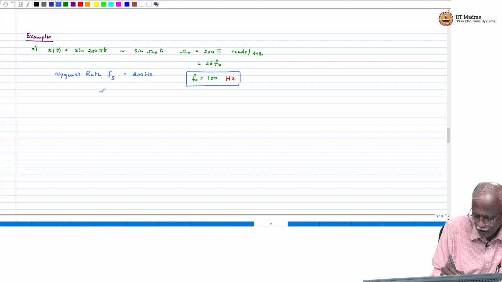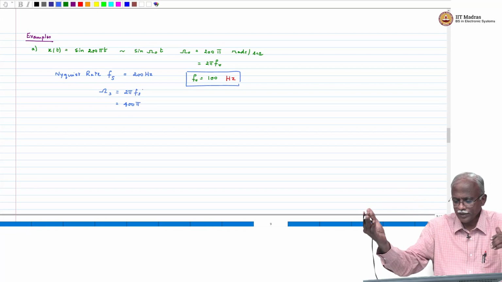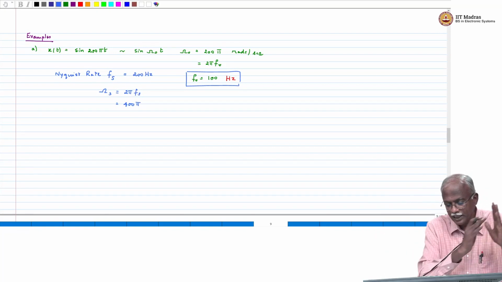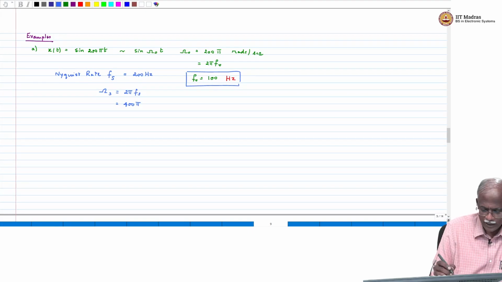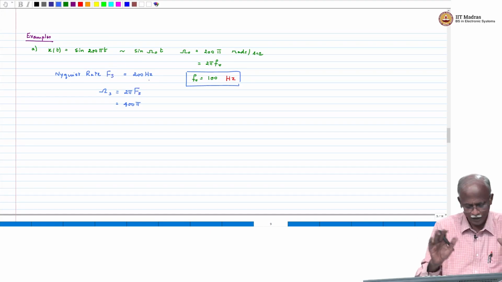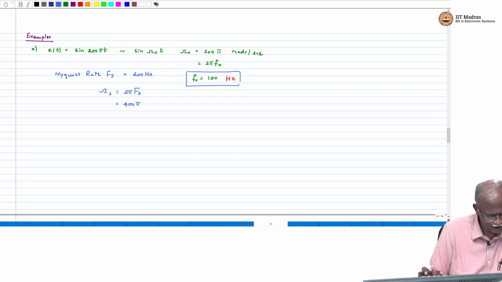The corresponding omega s will be equal to 2 pi times Fs, that will be equal to 400 pi. If the highest frequency is 200 pi radians per second, the sampling frequency will be equal to 400 pi. Let me just use uppercase Fs to be consistent. So this is Fs, this is Fs, and so we have the full representation.